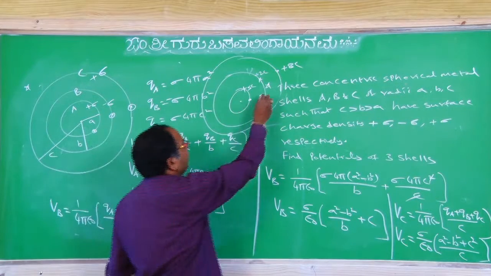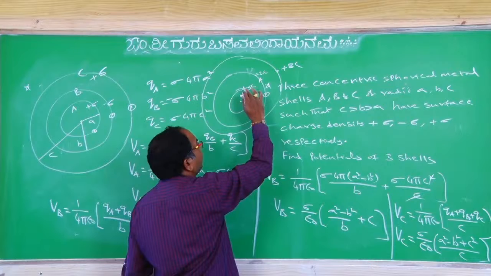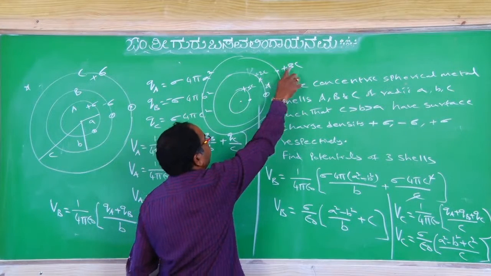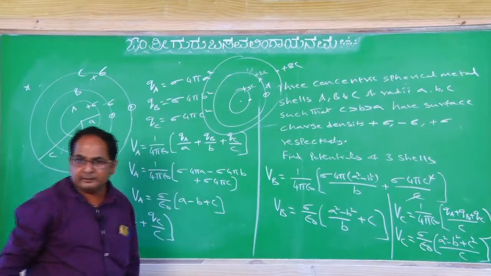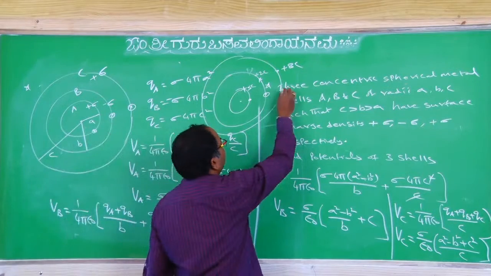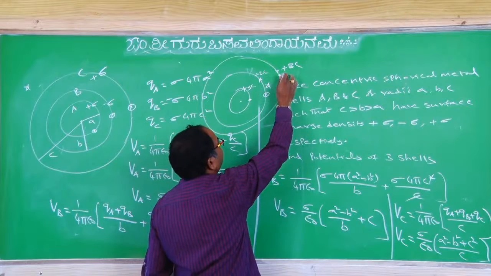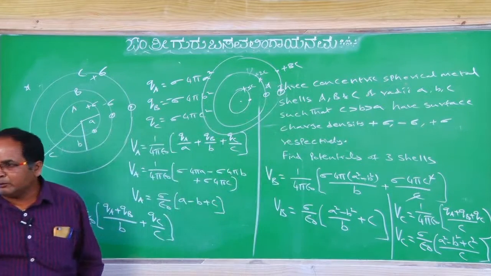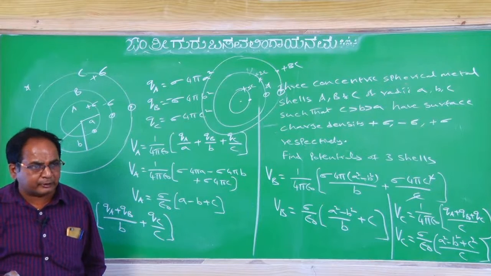If you are calculating here, then 5 minus 2, 3 divided by this radius, plus 8 divided by this radius. If you are calculating here, then total 11 divided by only this radius. Understood?